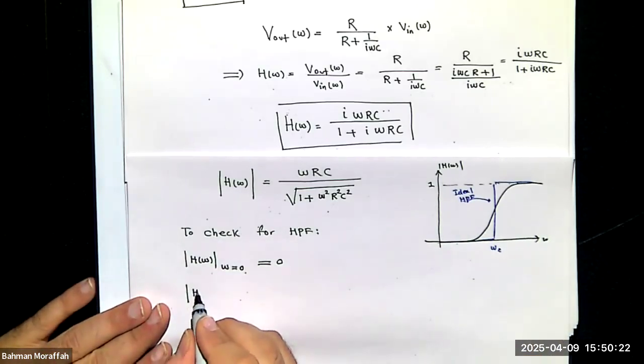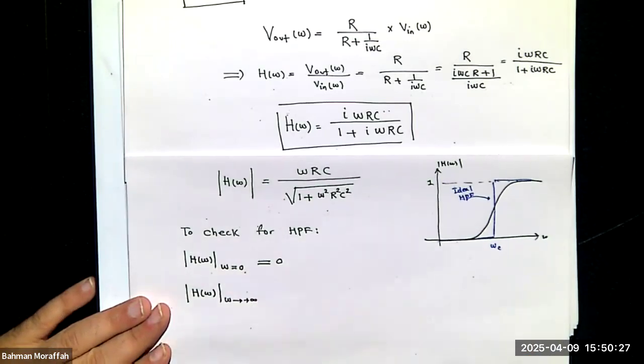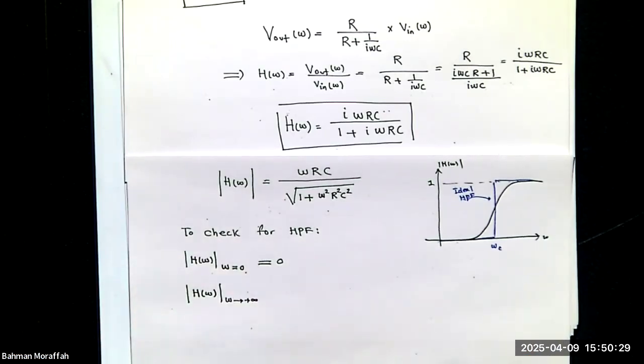What is the magnitude of H of omega when omega approaches infinity? Remember, this omega squared R squared C squared dominates this 1, so the denominator is pretty much omega RC.